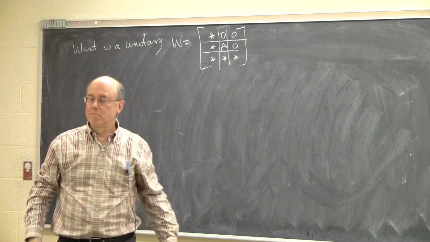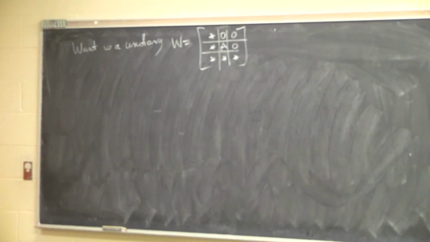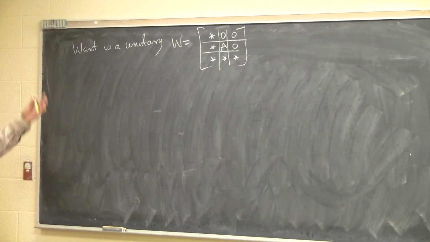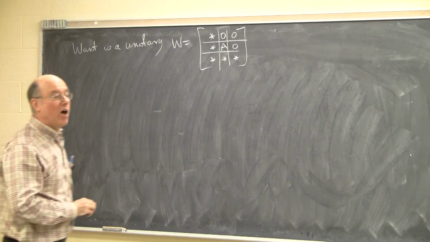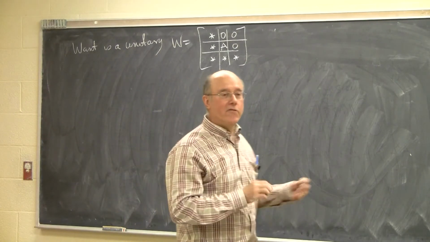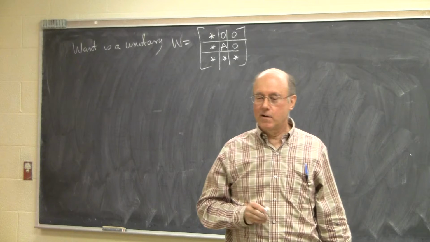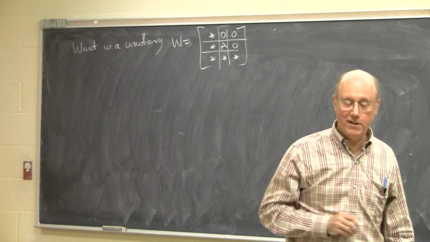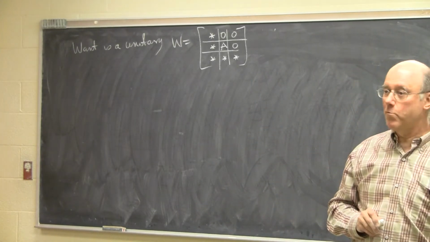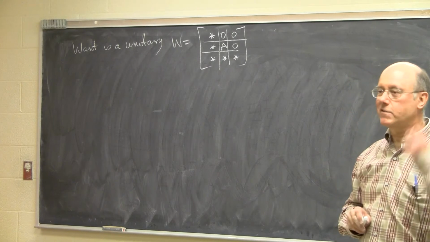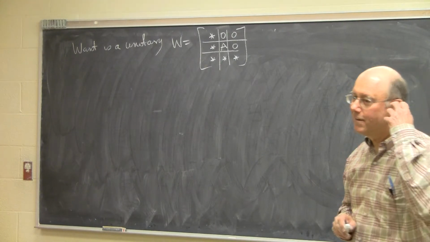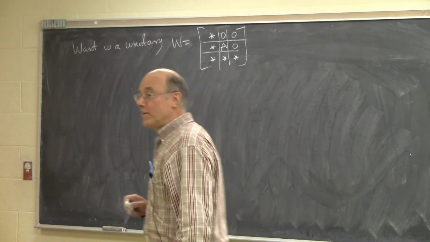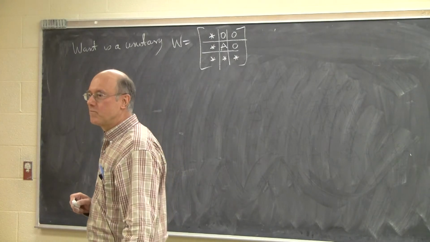The asterisks can be anything we want as long as I get a unitary. But this is block lower triangular. In finite dimensions, if you take a block lower triangular matrix and it's normal, that is block diagonal already. But I can do this in infinite dimensions.